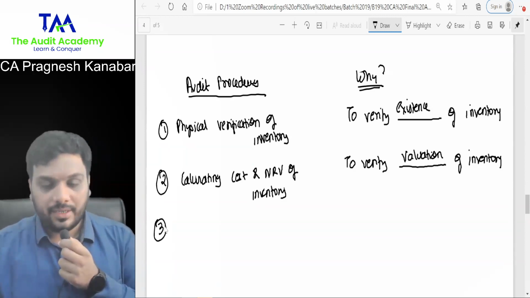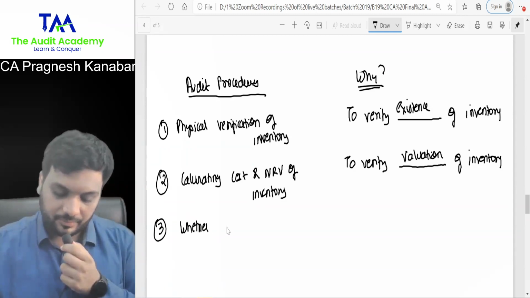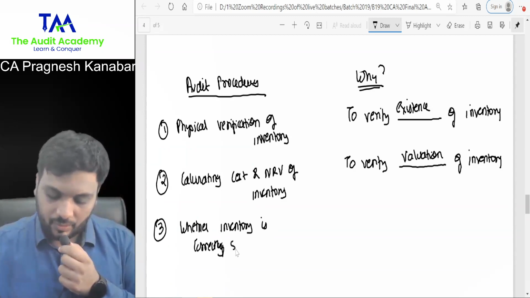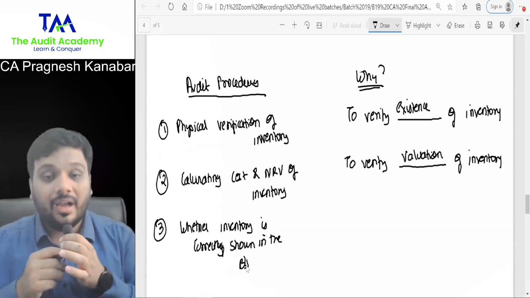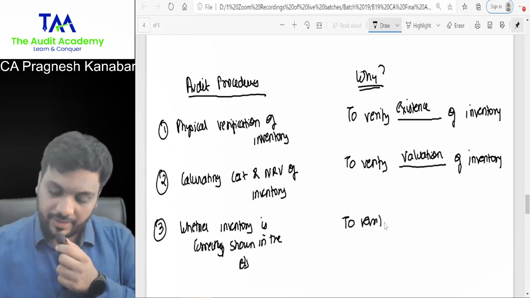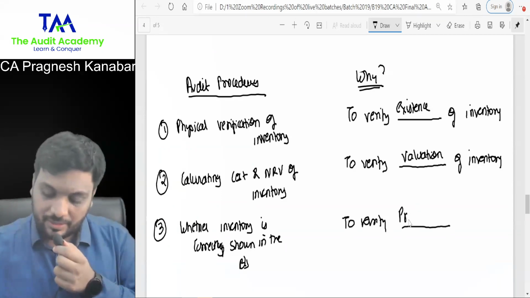When I am checking whether inventory is correctly shown in the balance sheet under current assets and stuff, correct? Then I am trying to verify dash of inventory, the presentation and disclosure.